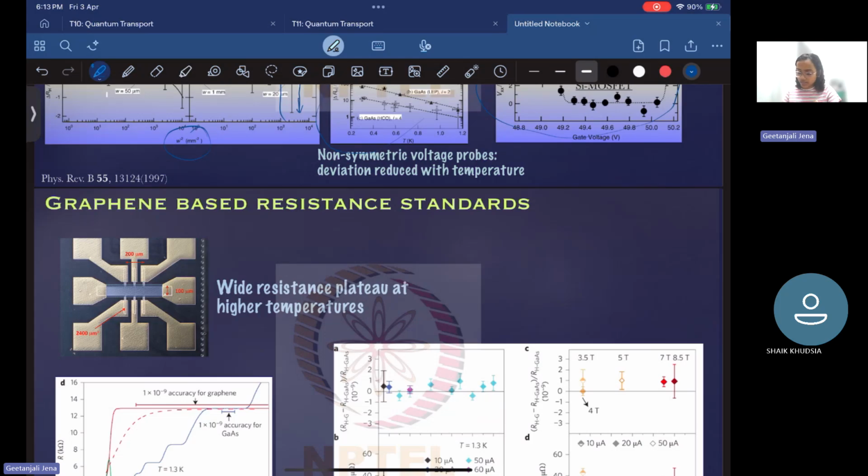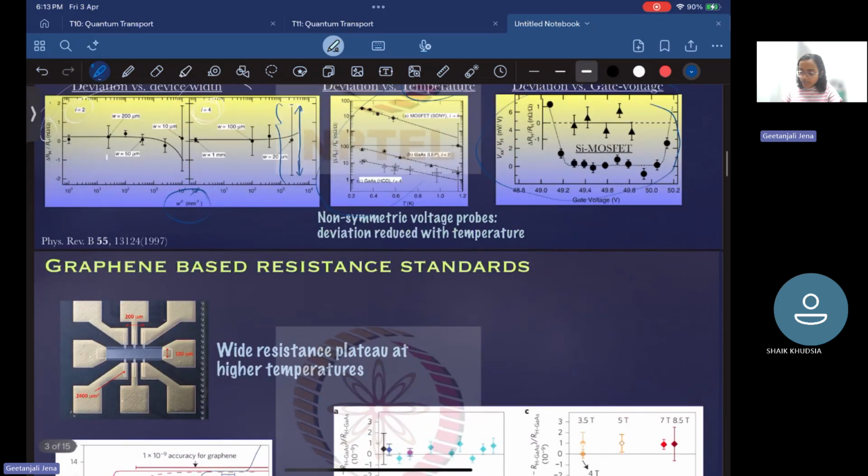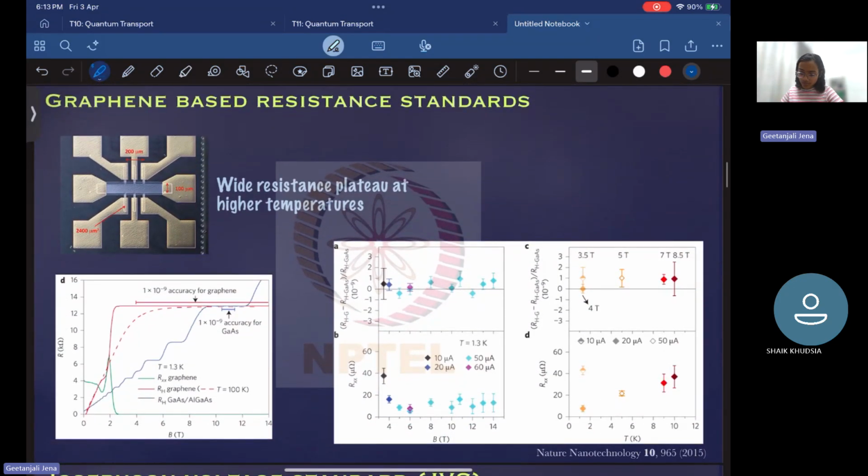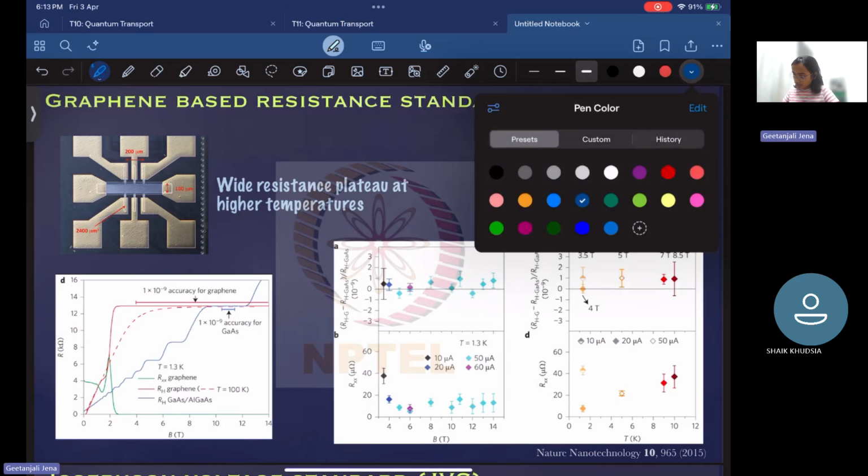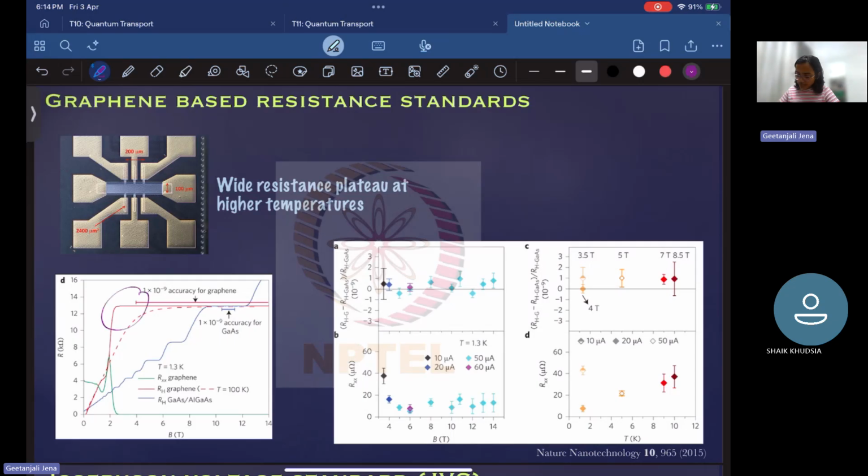In the second part, we have seen why nowadays we use the graphene based resistance standard. All these experiments are for bulk two-dimensional electron gas like gallium arsenide or aluminum gallium arsenide. But if you look at the graphene-based resistance standard, in the first plot, the blue one is for gallium arsenide and the red one is for graphene.